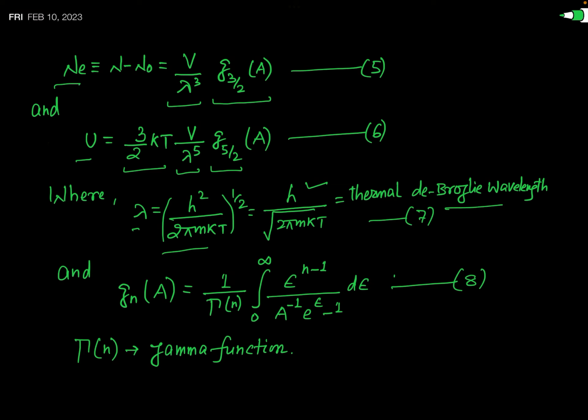Instead of this factor, this lambda has been written. In general, this function g is a function of a, and gn of a is defined like this: 1 over gamma n, integral 0 to infinity, epsilon to the power n minus 1 divided by a inverse e to the power epsilon minus 1, d epsilon.